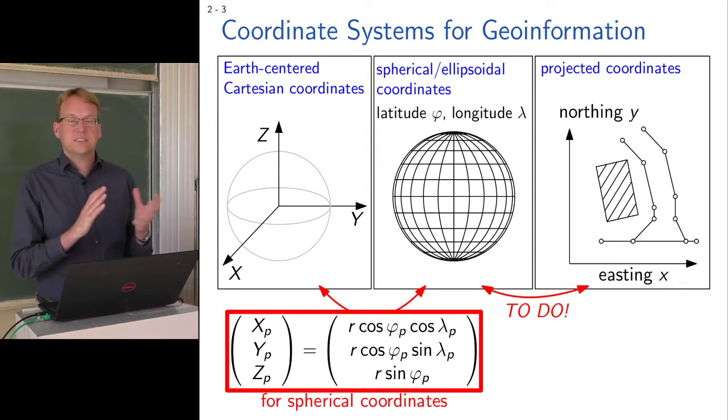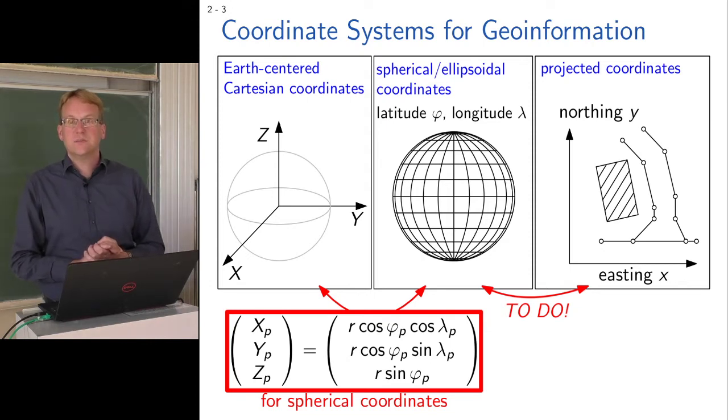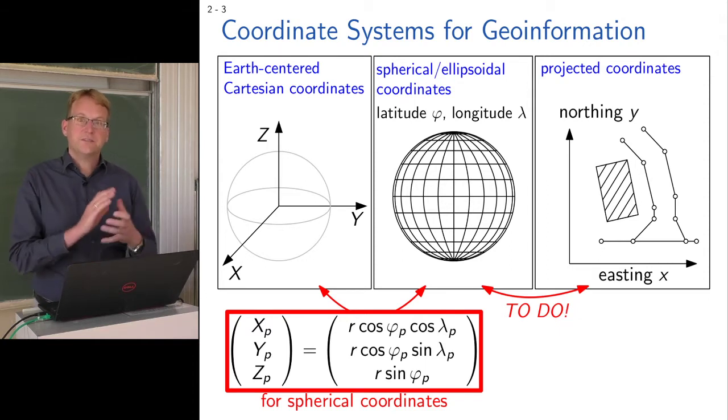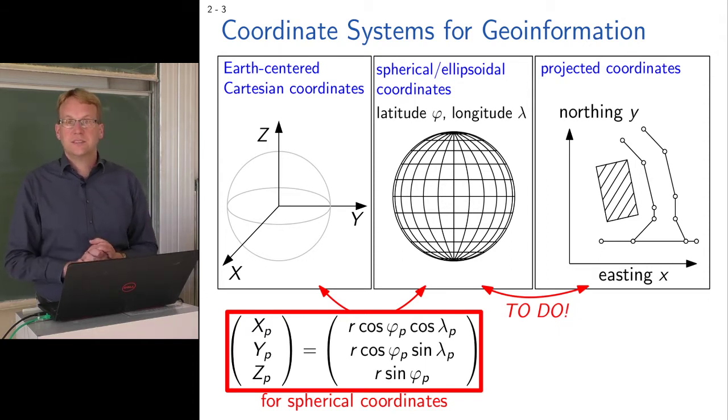It's not just a single equation that defines this relationship, because it depends on which map projection you choose. And that is exactly the topic of today's lecture: different map projections and their properties, how to design them, how to analyze them, and how to apply them, of course, as well.